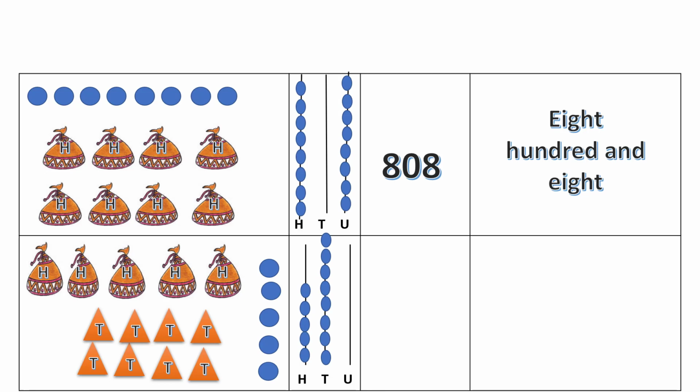We string 5 unit beads in the units place, 1, 2, 3, 4, 5, and the number makes 585. We read and write it as 585.